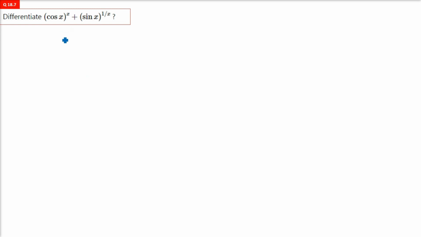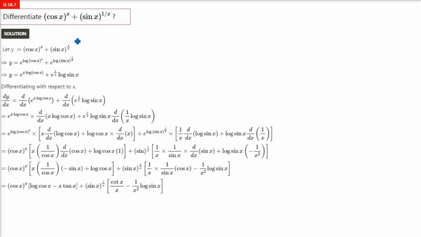Next is cos x to the power x, sin x to the power 1 by x. Again, you can take them as u and v, du by dx, dv by dx, and add them, that is the final result. But in order to do this, we always have that one thing, that e to the power log can be cancelled, e to the power log base e. That is the one thing which always cancels itself.